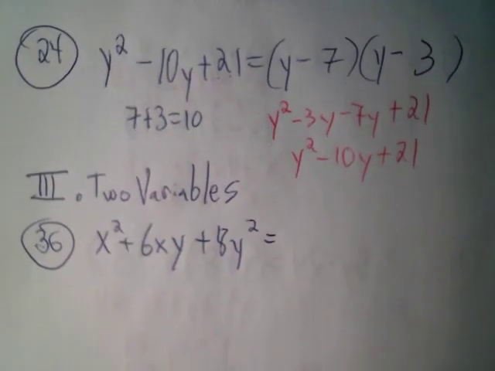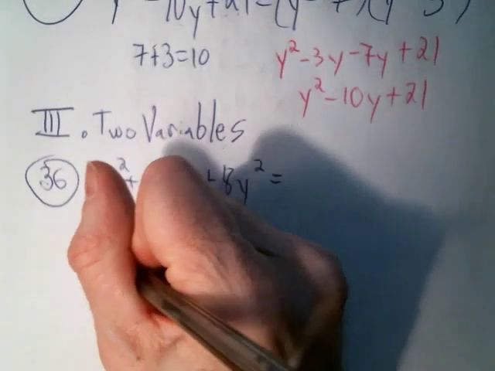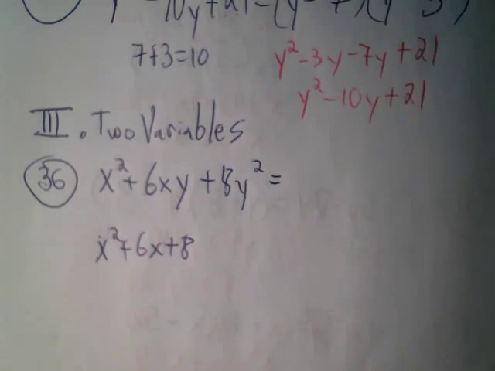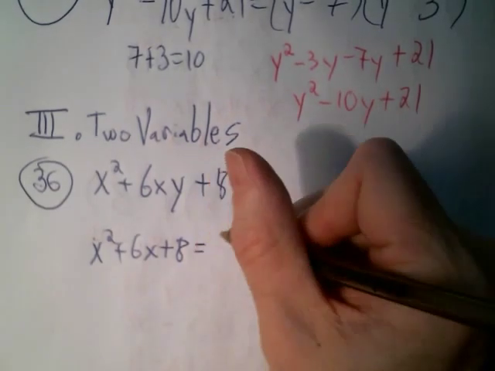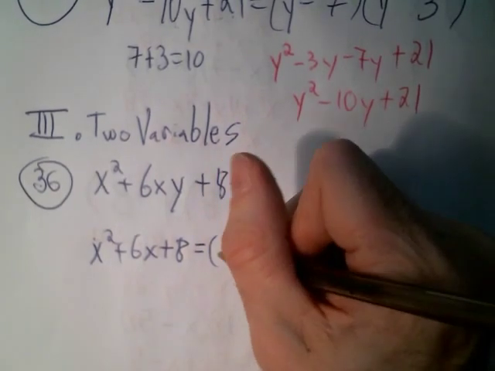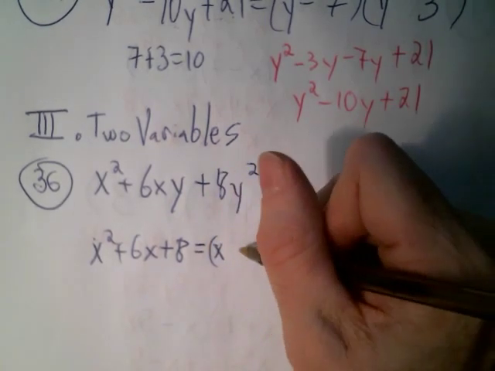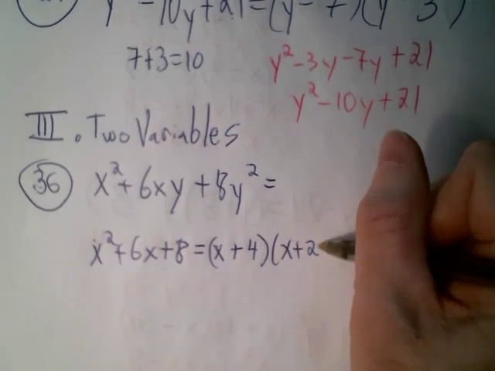If it was just a single variable, you would be looking at something like x squared plus 6x plus 8. And then you would want to factor this, right? You would have two monomials that add to 6 but multiply to 8, so x plus 4 and then x plus 2.